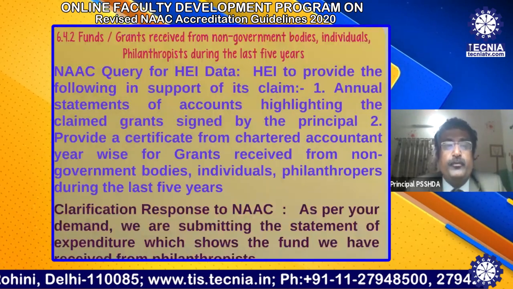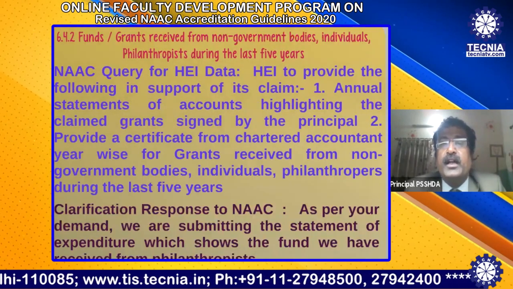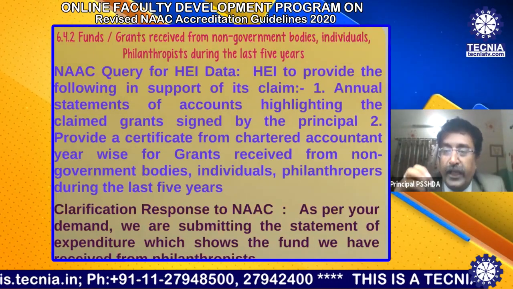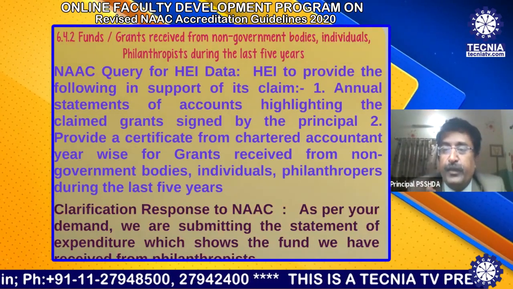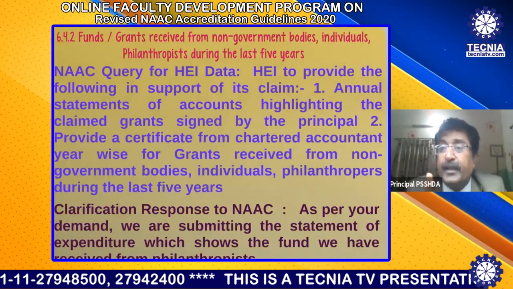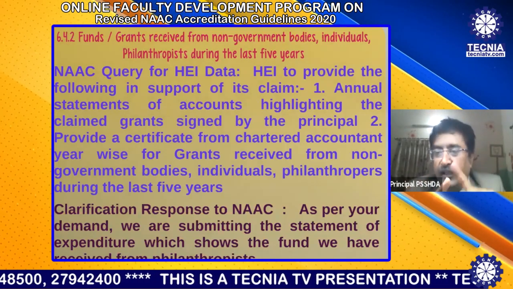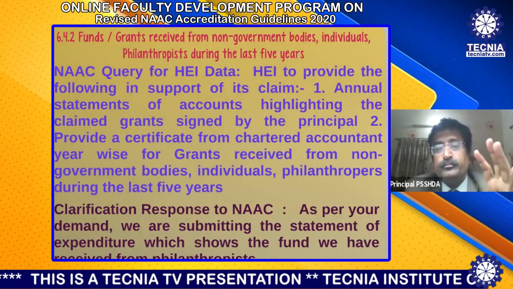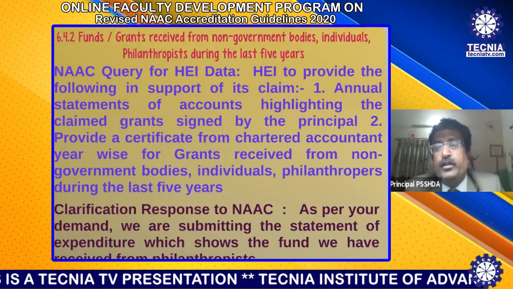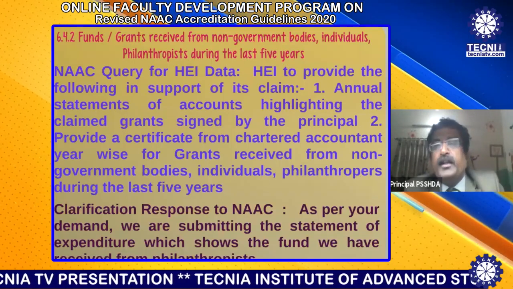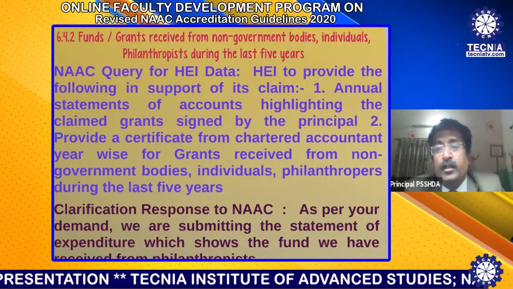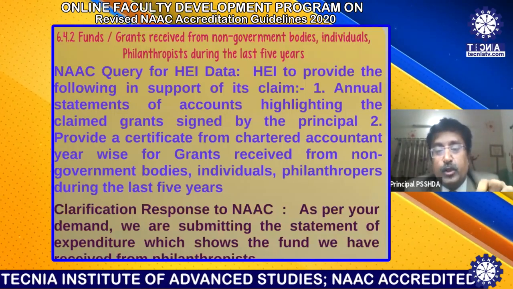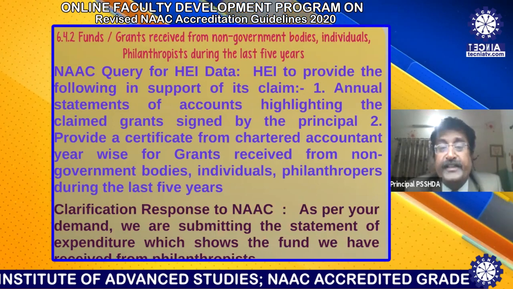In the query on grants received from non-government bodies, your annual expenditure statement must have separate heads for separate events and separate donations. If you claim that our college received 5 lakh rupees from a certain industry, they will check whether that 5 lakh rupees is shown in your audited statement.